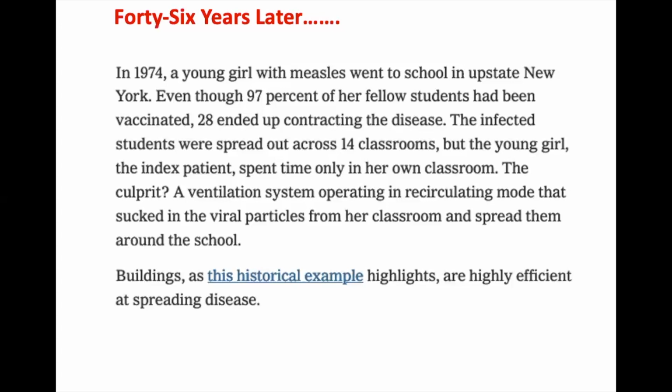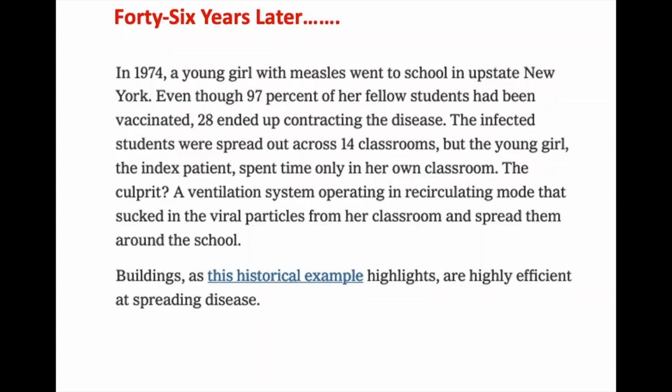This is really interesting, okay? This is 46 years ago. A young girl with measles went to school in upstate New York and spread it throughout the classes, and the ventilation system, they determined, had spread measles throughout the school.